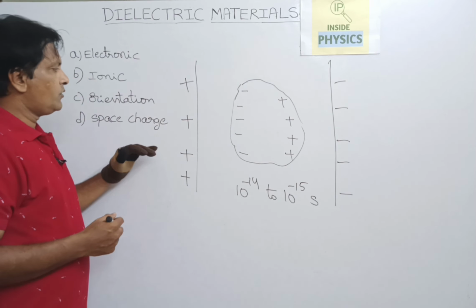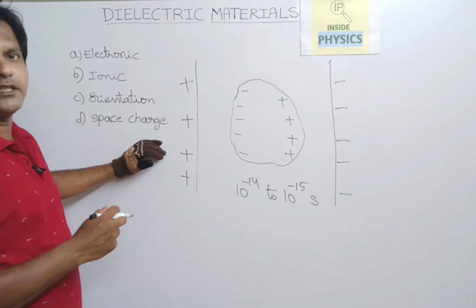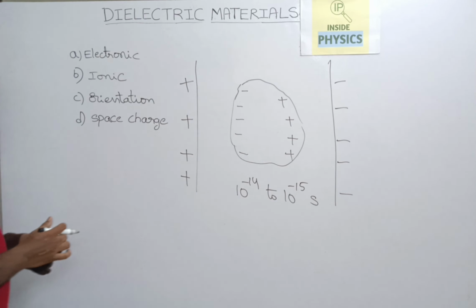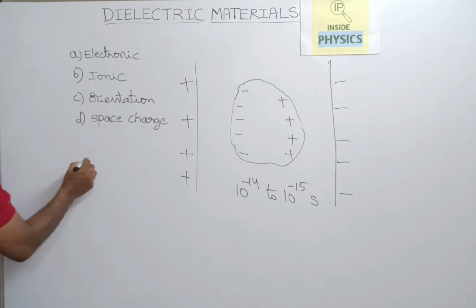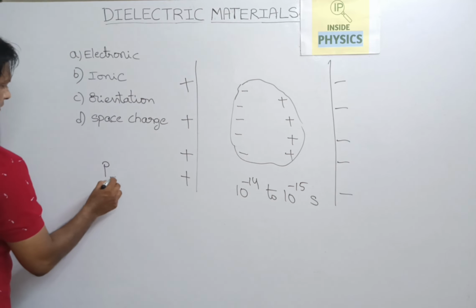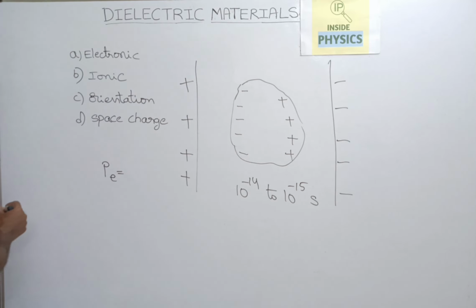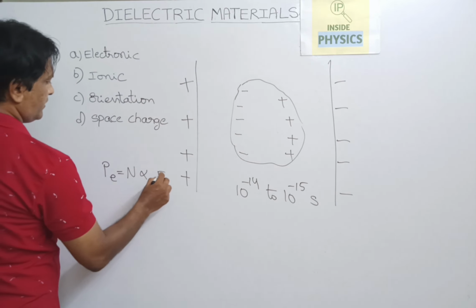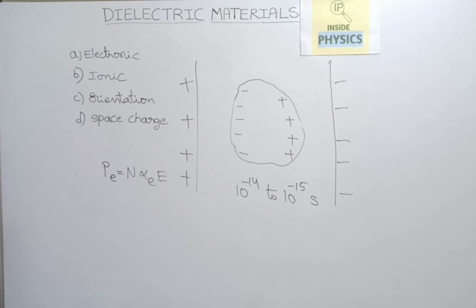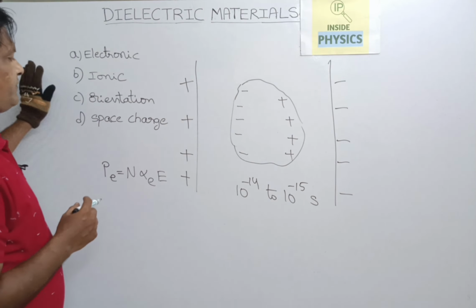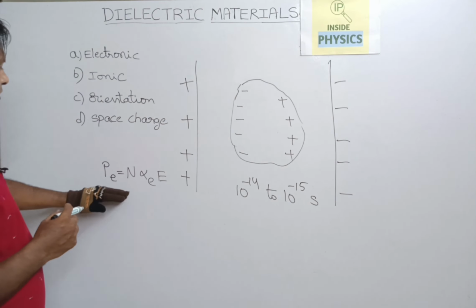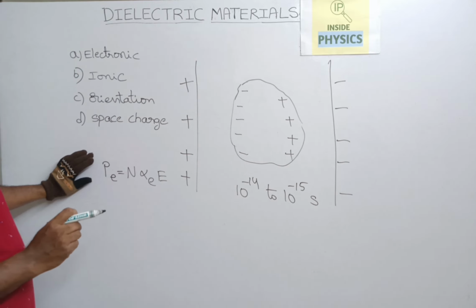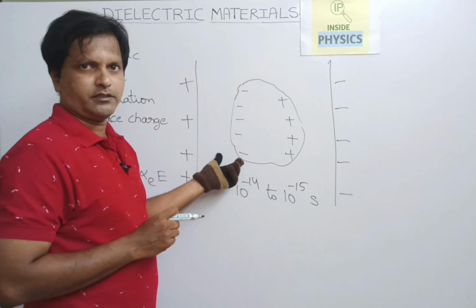So how do we get the polarization by a mathematical relation? This polarization can be written as: polarization because of electrons, Pe, is equal to n alpha multiplied by the external applied field E. So what is the relation between polarization and the dielectric constant?